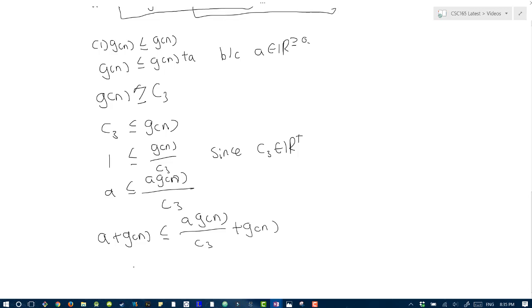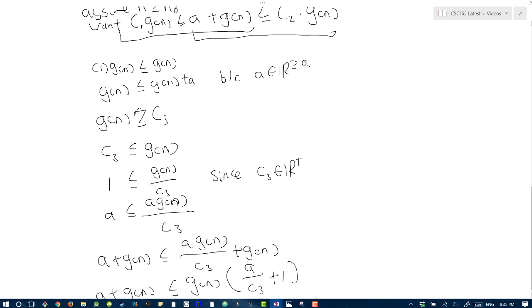And if we factor out g(n) on the right side, we will end up with this value here.